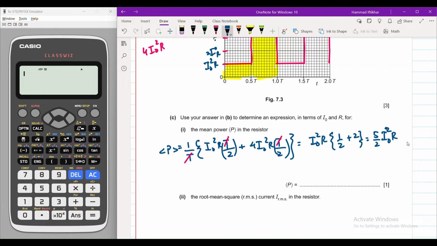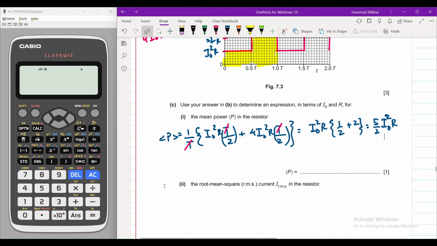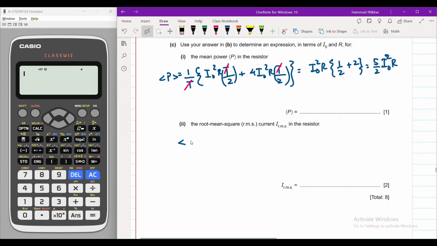The root mean square, RMS, current in the resistor. The relationship between mean power and the RMS current is I RMS squared times R. We have the mean power that we calculated.